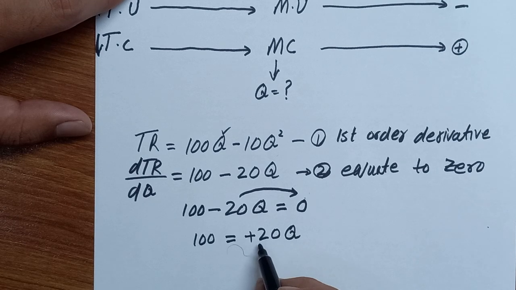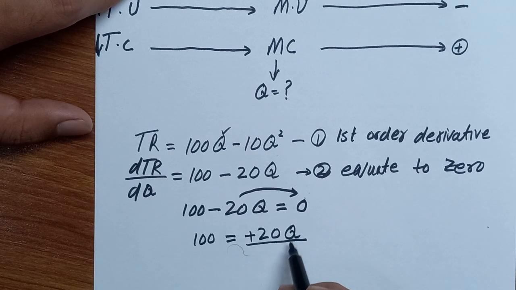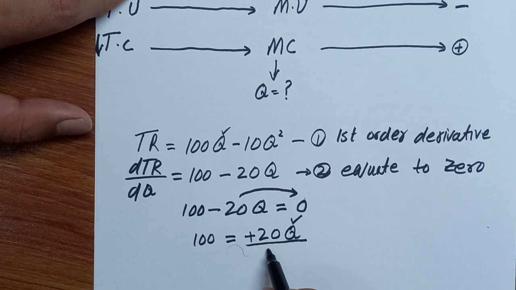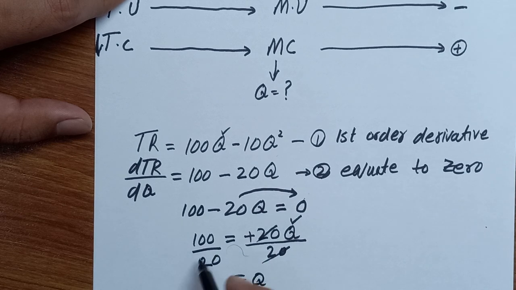Now we divide by 20 on both sides because we need only q. 20 and 20 cancel each other, only q is remaining, and on this side only 5 is remaining because 100 divided by 20 is equal to 5. So the value of q is 5.